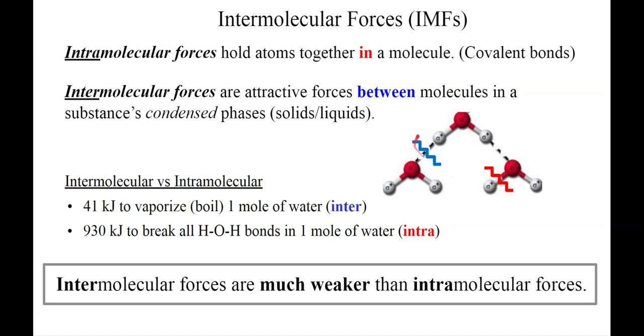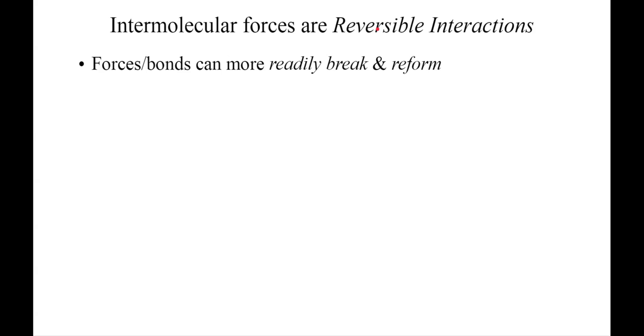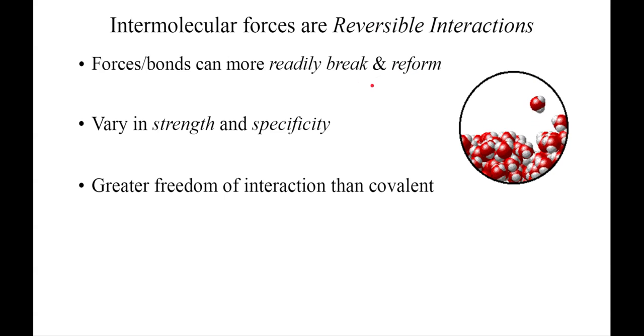But what if I separated your hands, and then as soon as I left you, you grab hold of each other again? So intermolecular forces are much more reversible. They're more easily broken apart, but they can also reform much more easily. This allows them to shuffle around. They're kind of sticky towards each other, but they can be easily separated and then recombined.